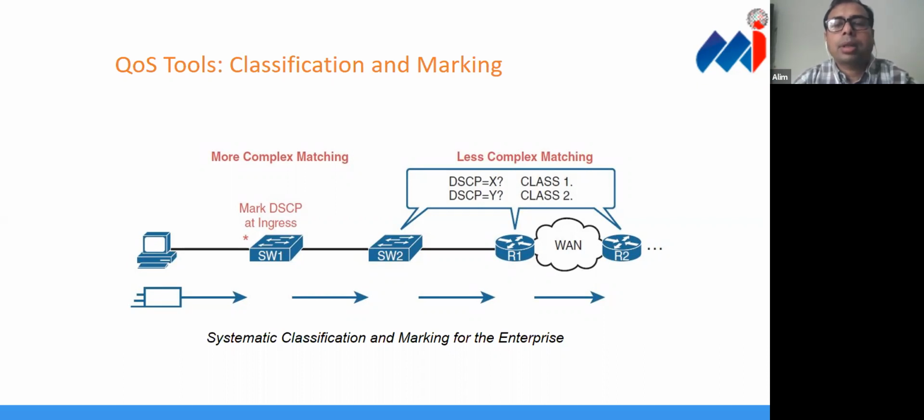It will mark. So if it is voice or video or data, based on this classification, it will add some value, a differentiated service code point. It will add some marking. Why are they marking? They are marking that this packet should get precedence.